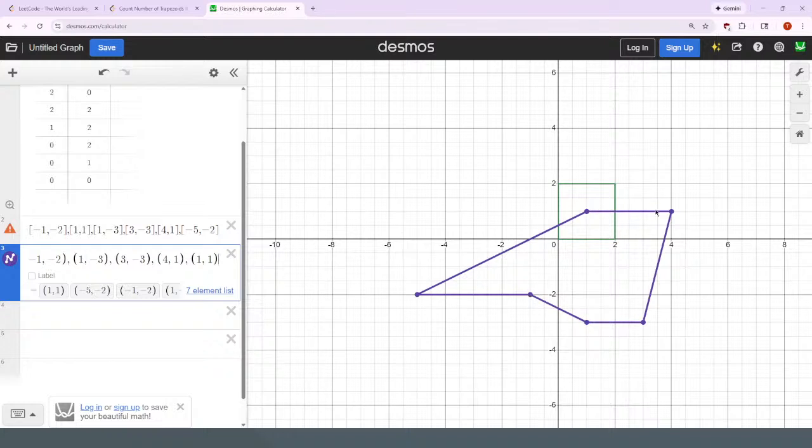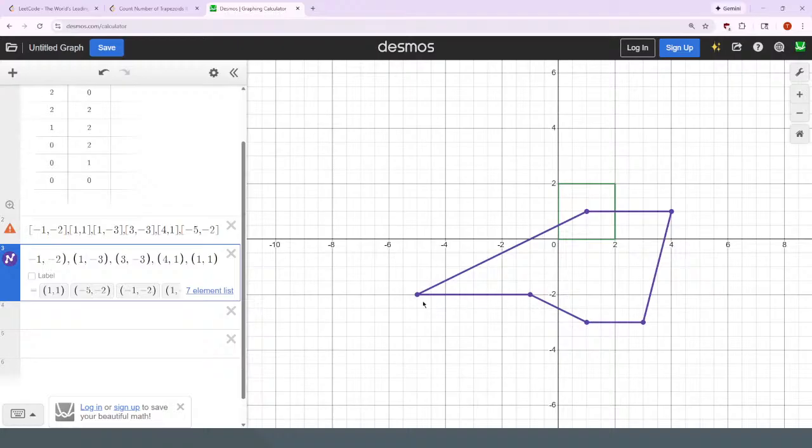So that's 1, 2, with this one right there. There's the third one. And these? No way. There's 3. There's 3 somewhere here.